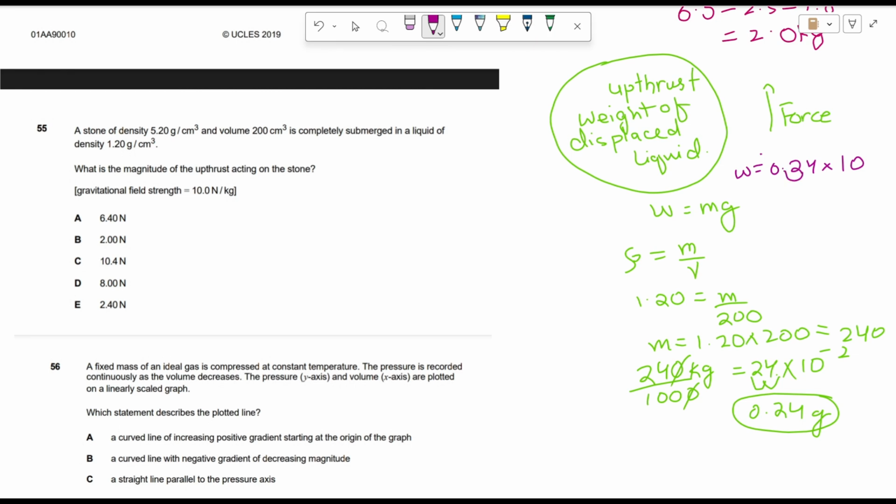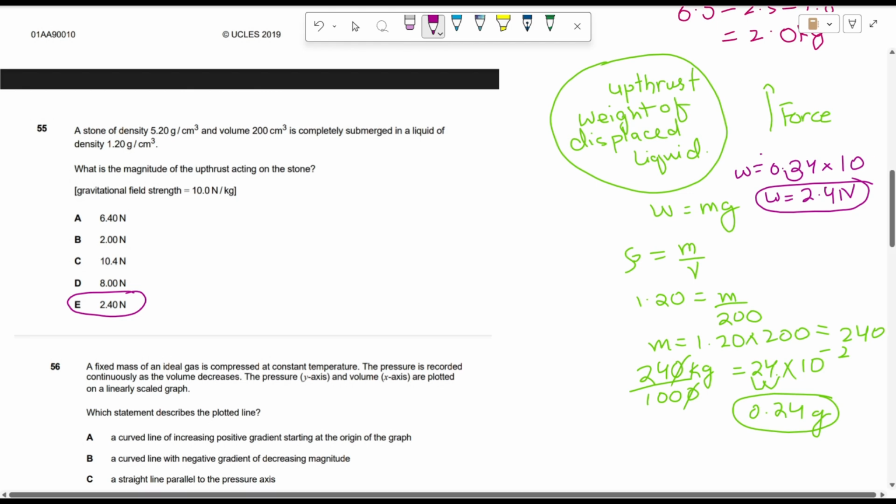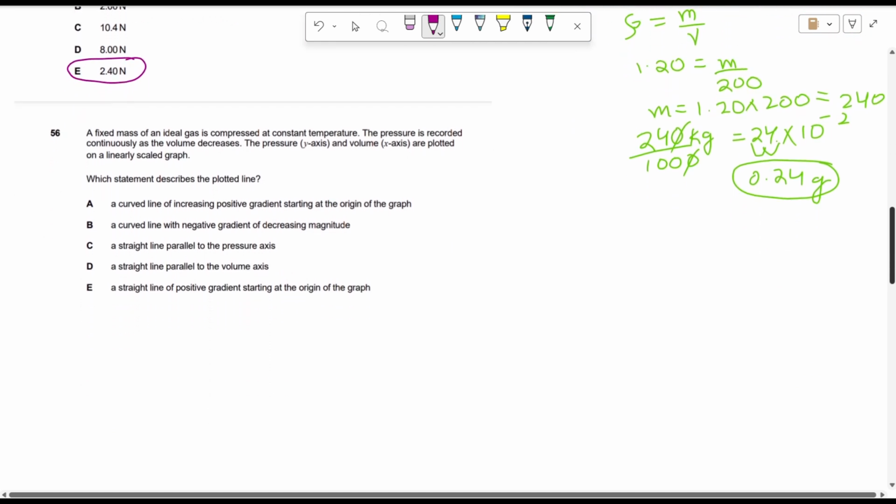So weight is now 2.4, and the unit of weight is Newton. So 2.4 Newton. 2.40 Newton or 2.4 Newton both have the same meaning. So E is the correct answer we have gotten.